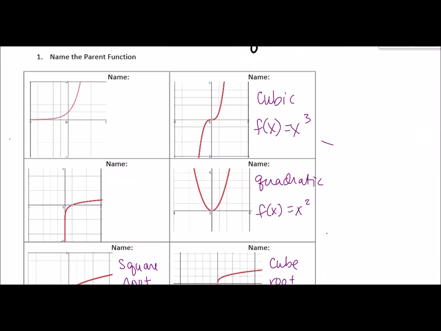Now these two right here are one's exponential and one's a logarithm. This one up top is exponential. And you can tell which one's which by their asymptotes. So if you remember, asymptotes are like this wall where the graph doesn't make it past.